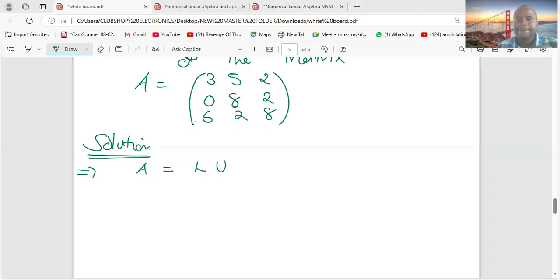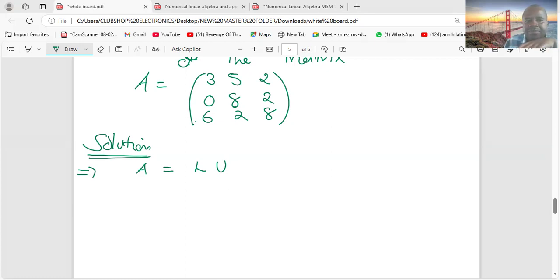Now, what is the lower matrix and what is the upper matrix? A lower matrix, actually it's not just a lower matrix, but it's a lower triangular matrix.